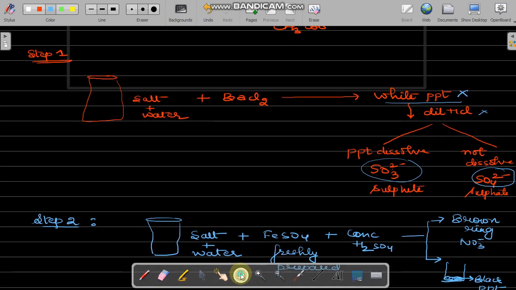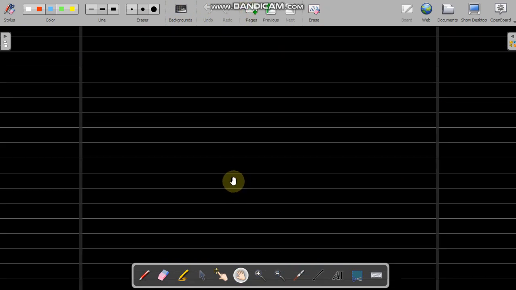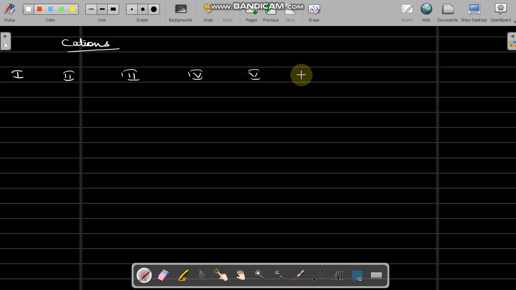Okay. Now, next in the salt we have another thing, that is your cations. When we talk about the cations, basically we have the following groups: group 1 up to 6 and then the 0 group.